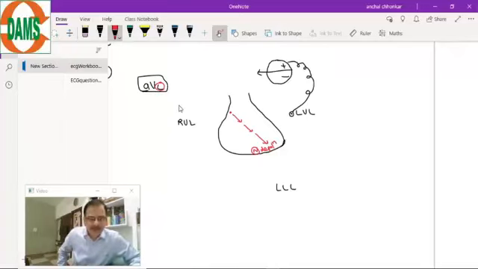Now, the remaining limbs will be combined, and that combination wire will go to the negative pole for making the reference electrode. Here is the right upper limb, here is the left lower leg.